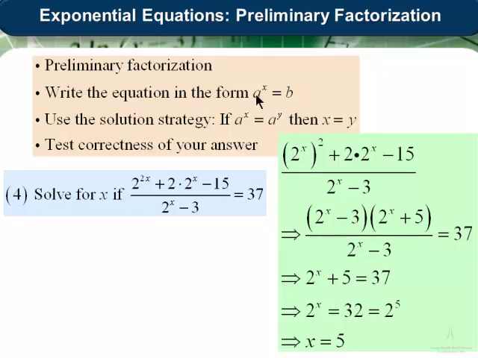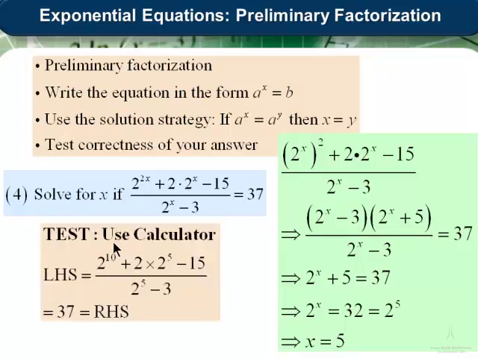We need to get it in the form a to the power x equals b, so we subtract 5 from both sides. Therefore 2 to the power x is 32. Now it's in the form a to the power x is b, and b, the 32 we can rewrite as 2 to the power 5. Again, you could use your calculators, and then clearly from our solution strategy x must be equal to 5.